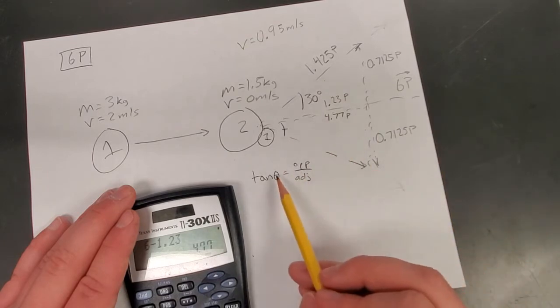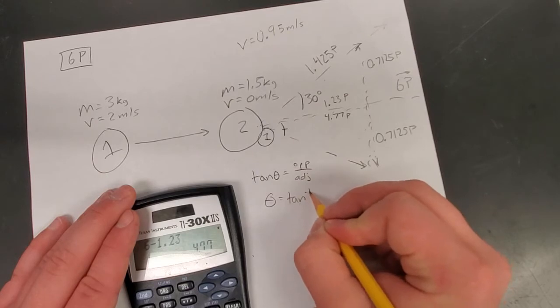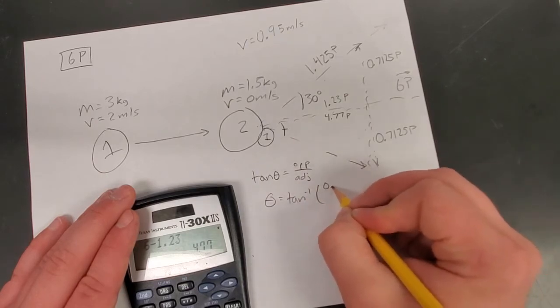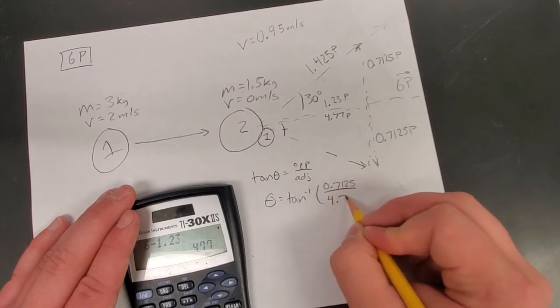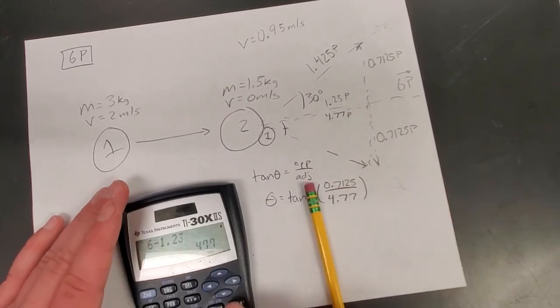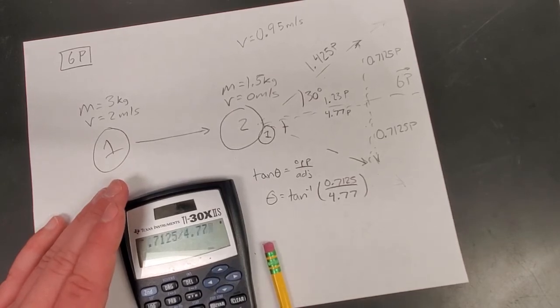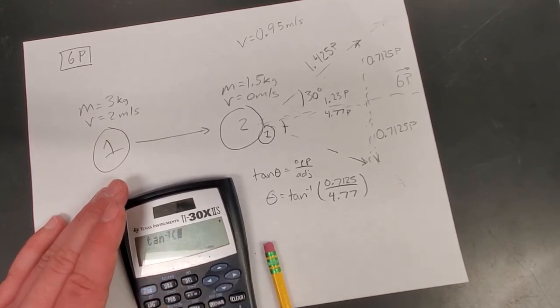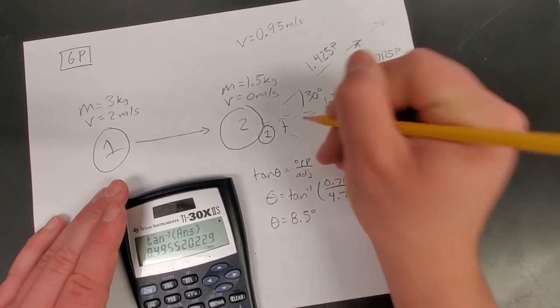So theta is equal to the inverse tangent of 0.7125 over 4.77. So let's try that. 0.7125 divided by 4.77 equals, and now we do the inverse tangent of that answer, and we get an angle equal to 8.5 degrees.